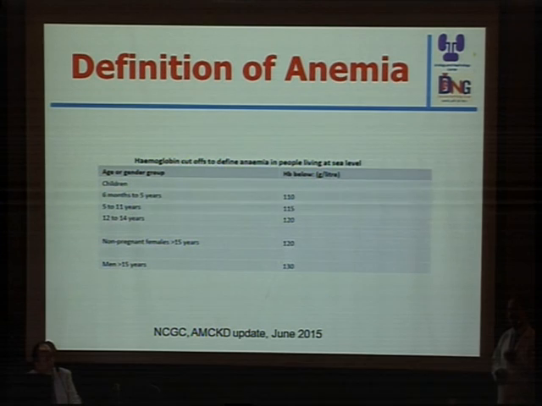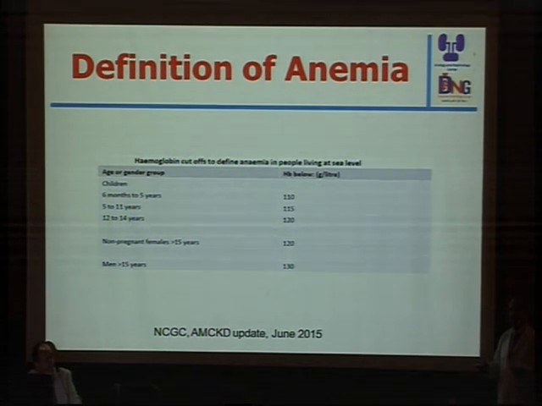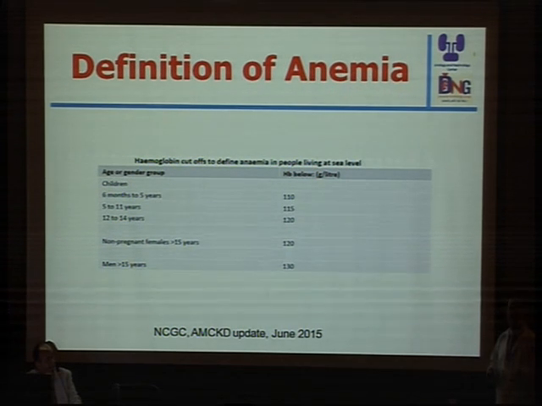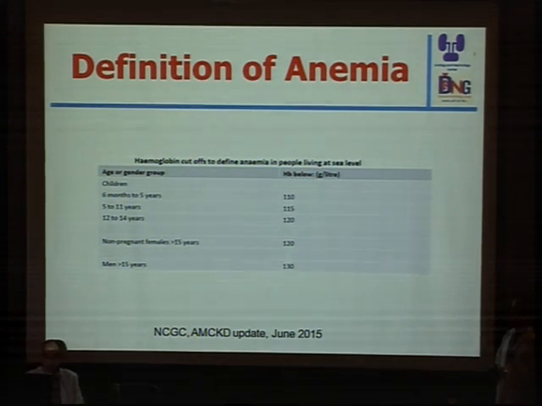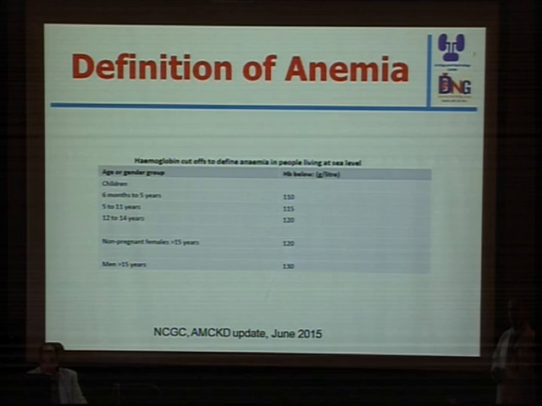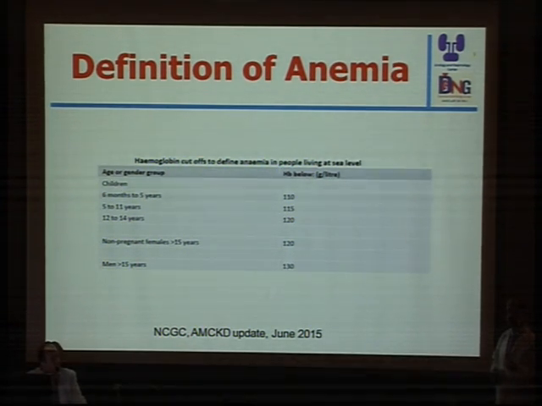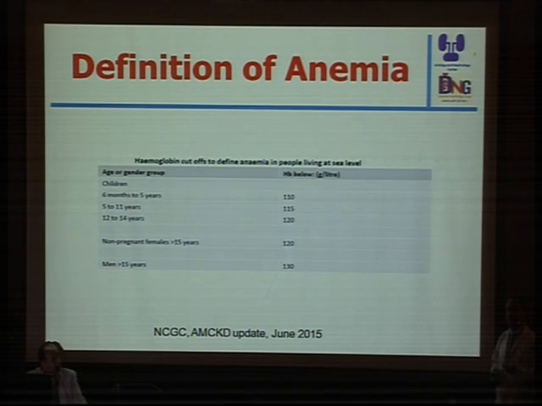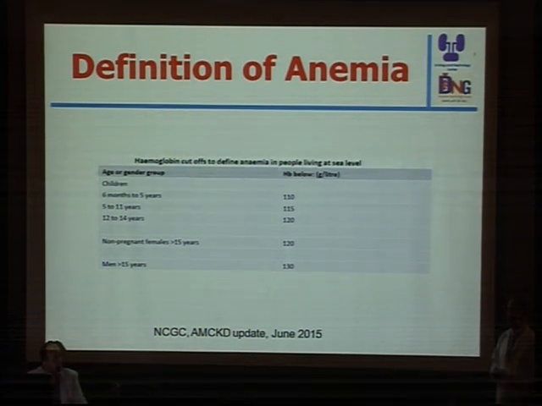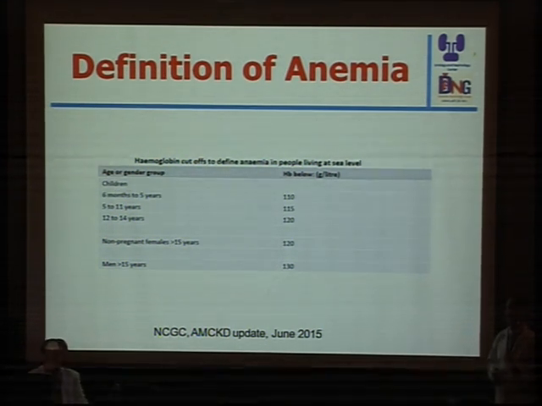But I search for iron deficiency. If I find iron deficiency, I give him iron therapy. That's all. So there is a difference between the cutoff point of diagnosis and the treatment strategy and the target for treatment. Okay? So this is the answer of the first question.